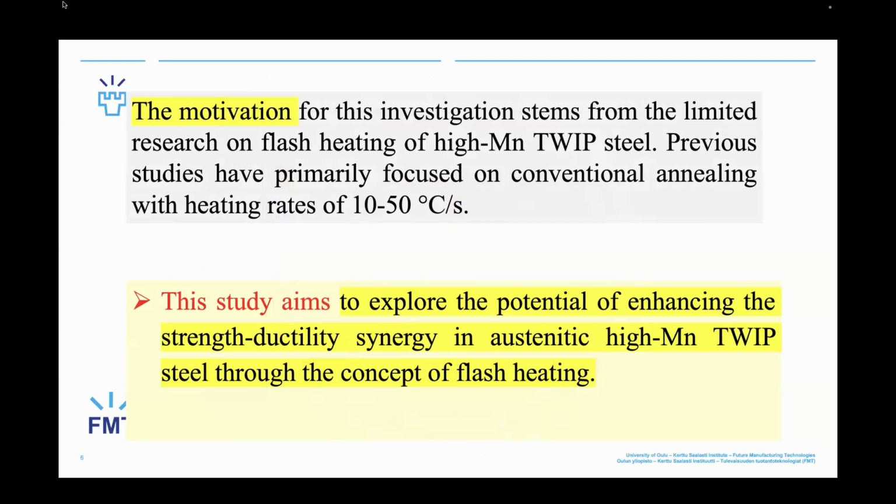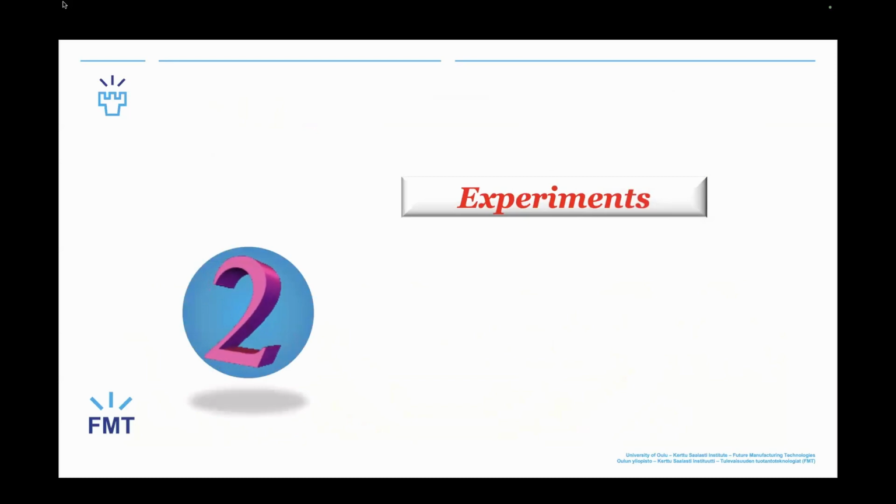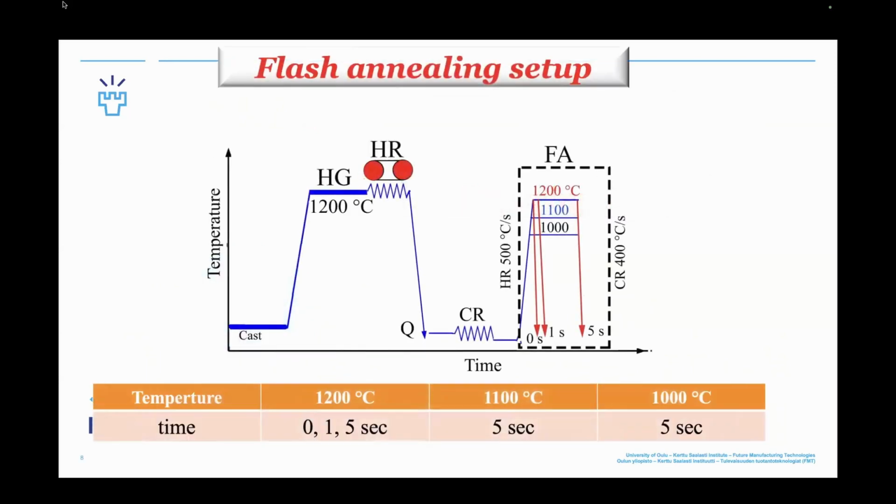The aim of our work is to control the grain structure of austenitic high manganese tube steel through the concept of flash heating. For the experimental work, we employed the Gleeble simulator, but I will also show you the different line at our university in Oslo.